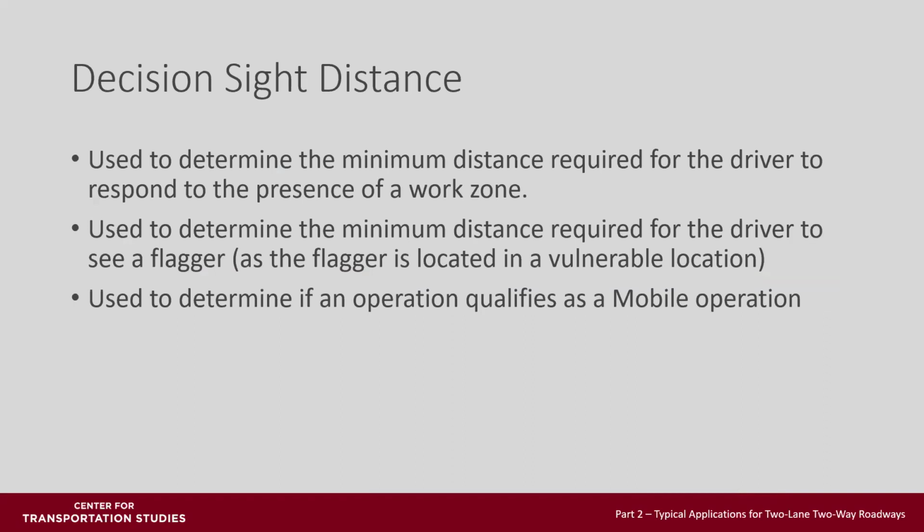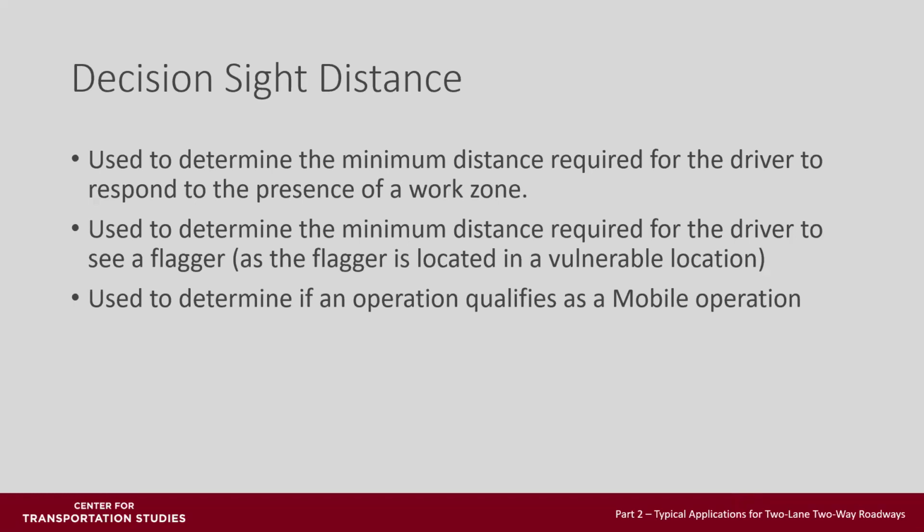It's defined as the total distance traveled during the length of time required for a driver to 1, detect an unexpected or otherwise difficult to perceive information source or hazard, such as a work zone; 2, recognize that hazard or its potential threat; 3, select an appropriate speed and path; and 4, initiate and complete the required maneuver safely and efficiently.